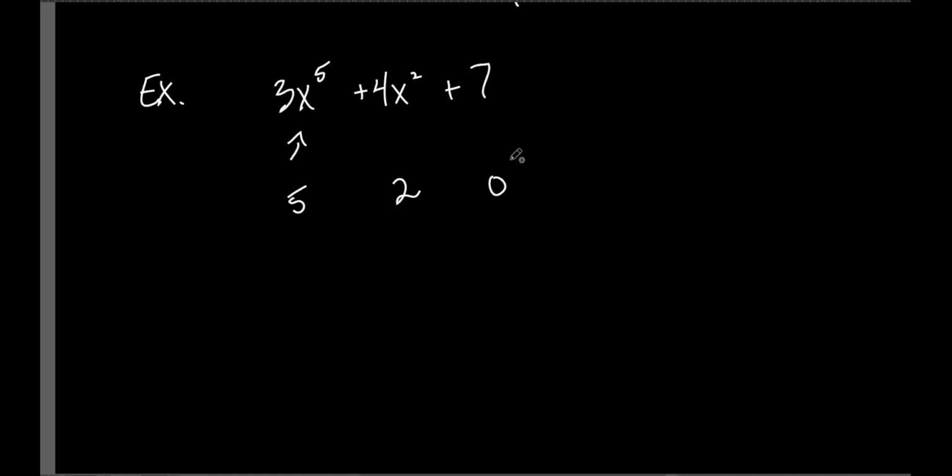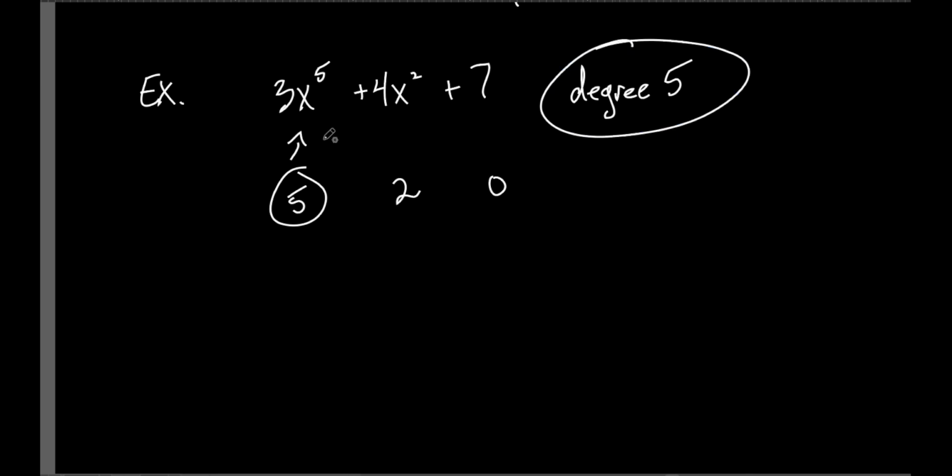Which one is the highest degree? The 3x to the 5th. That's got the highest degree. That's a 5th degree. So what's the degree of that polynomial? It's just the highest one, which is 5. So that would be your answer right there. That's the degree of the entire polynomial, whatever's got the biggest one.